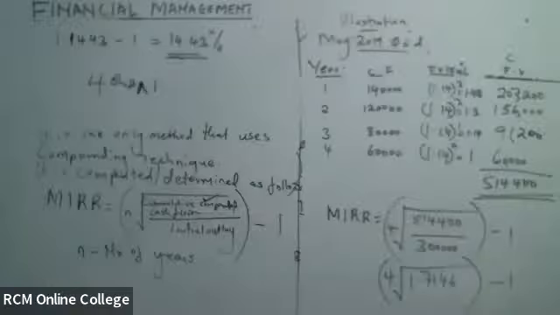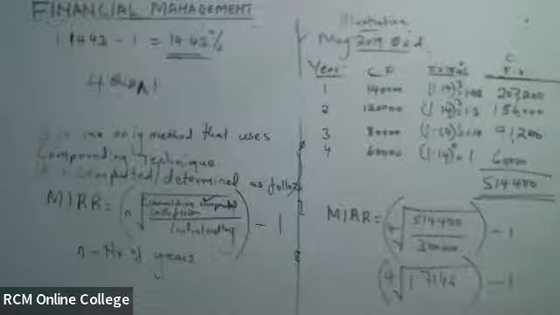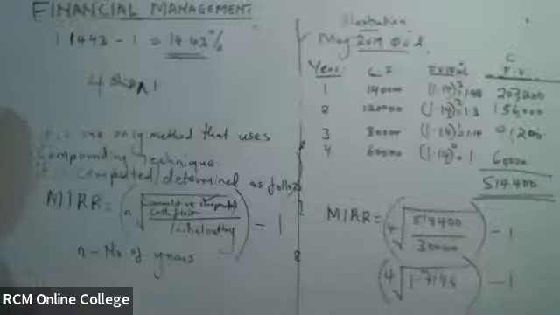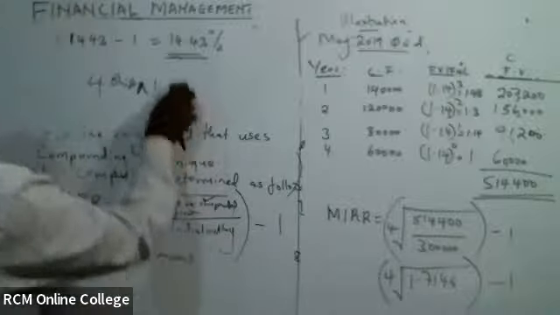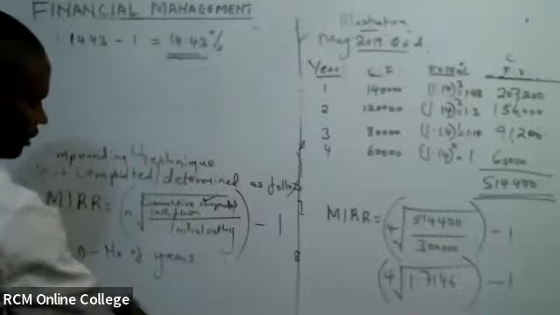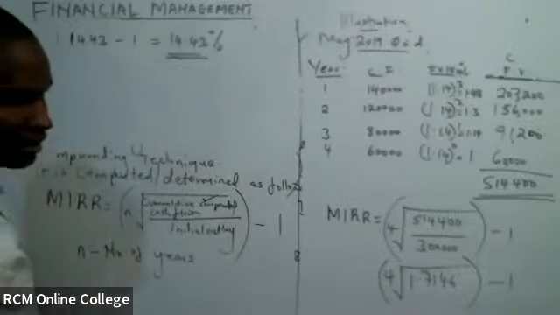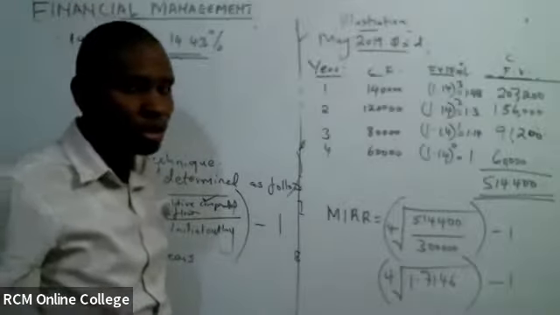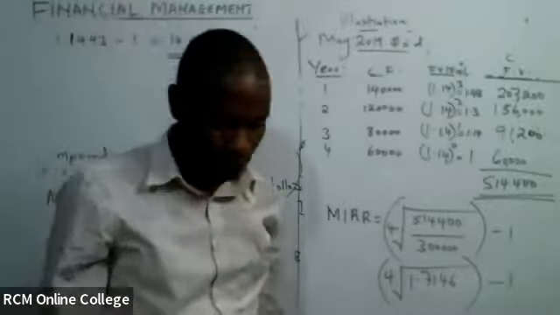14.43, Frida confirming, great, that's good. Anybody else who wish to confirm what they are getting? Yes, that is confirmed, great. Once you know how to get the root, mambo inakuwa rahisi sana. So our MIRR is 14.43, and in that case interpretation is that when the MIRR is greater than the cost of capital, you accept the project.